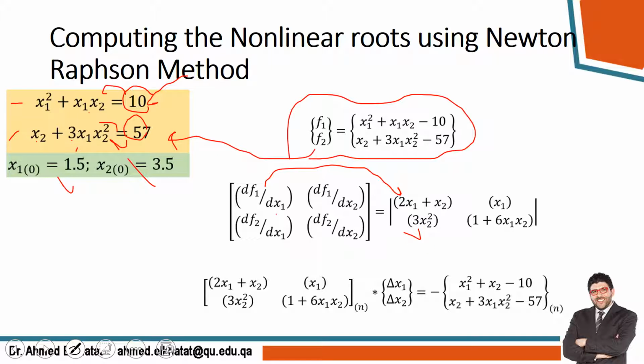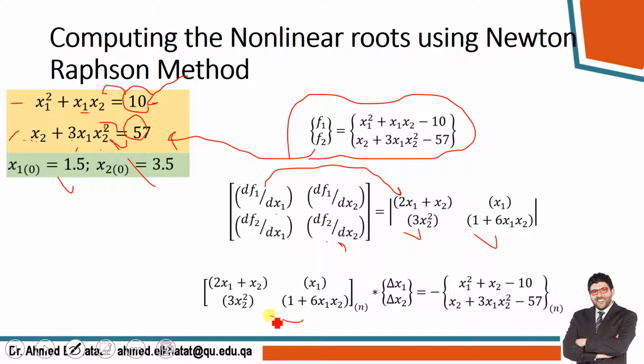Then the first equation with respect to x2 will be only x1. Similarly, the second equation with respect to x2: this will be 1, and this will be 2 times 3, 6, so it will be 6x1x2.